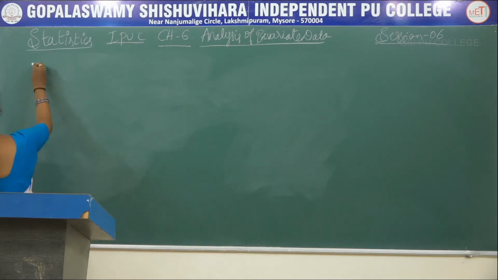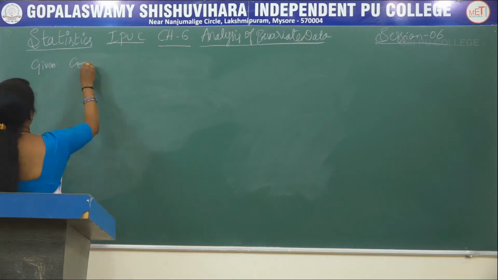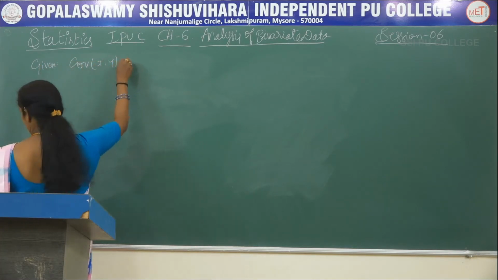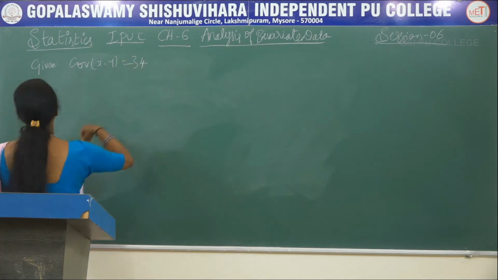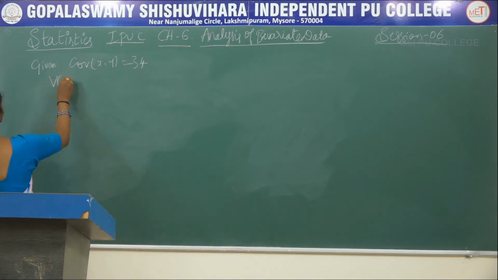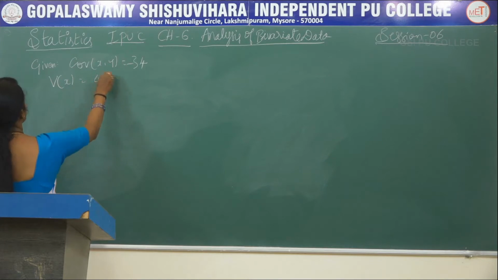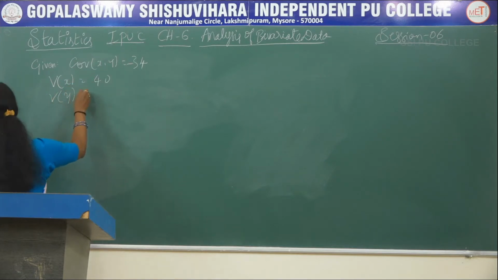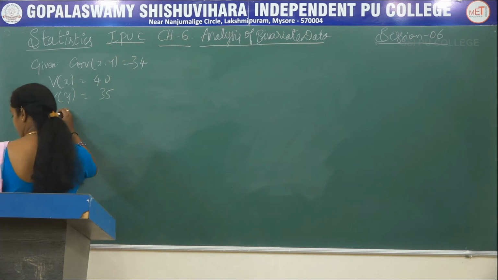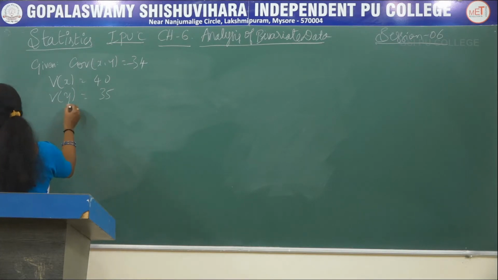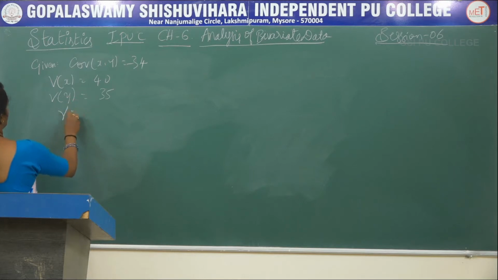They have given covariance of x comma y is equal to minus 34, variance of x is 40, variance of y is equal to 35. So we have to find the R value, the correlation coefficient.